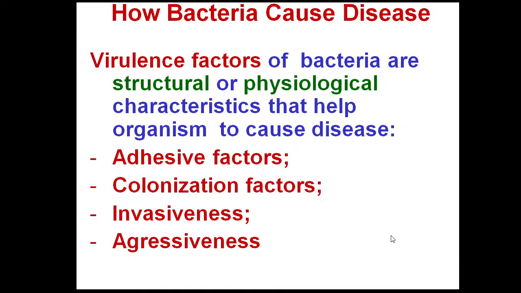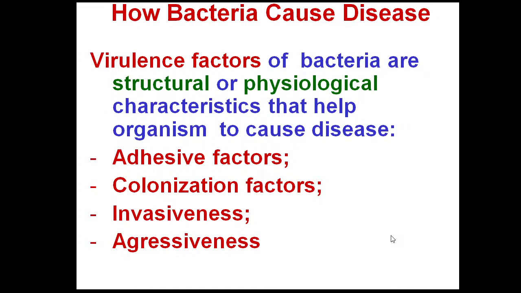Then, sometimes it is enough for bacteria to cause disease. But more often, bacteria need to invade the deeper tissues. For example, they may enter the subepithelial layers and multiply there and even spread, disseminate in the whole body. This group of factors is called invasiveness, the ability to invade the deeper tissues and to spread in a body.